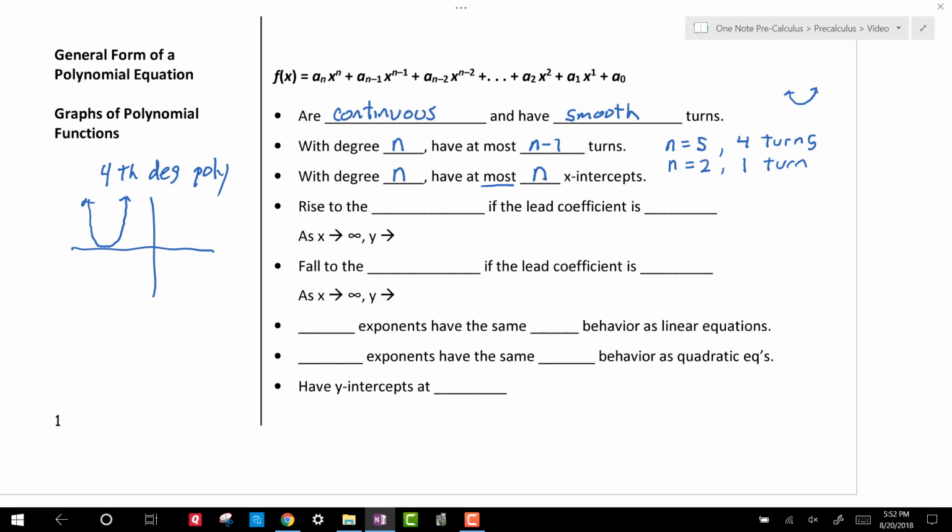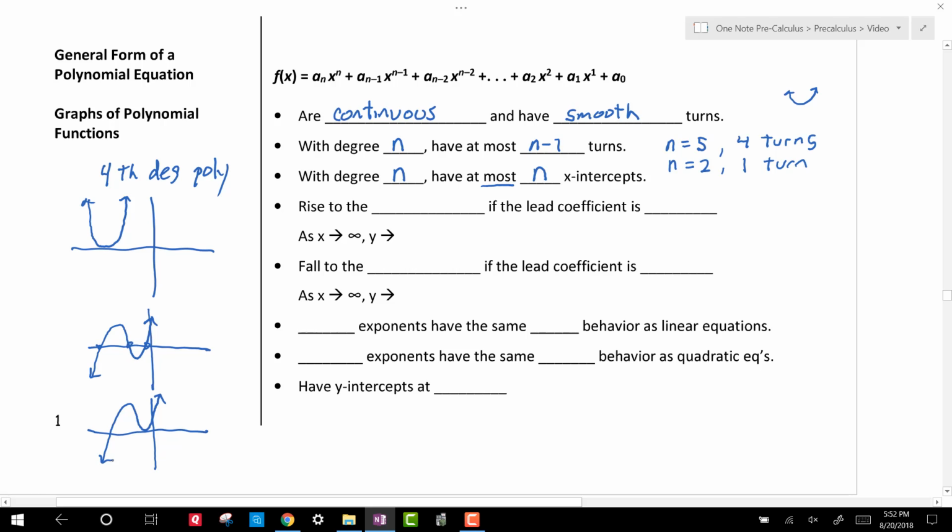We saw some examples of that when I was talking about sliding graphs up and down. I'm going to go back to my 3rd degree here for a minute. If this was a 3rd degree, it could hit the x-axis 3 times: 1, 2, 3. But if I were to shift that graph up just a teeny tiny bit, I could make it hit the x-axis up, down, curve around, boom, just like that. I could make it actually hit twice.